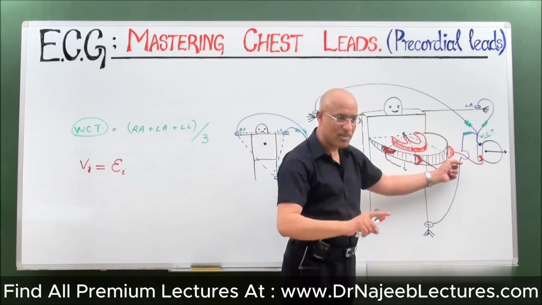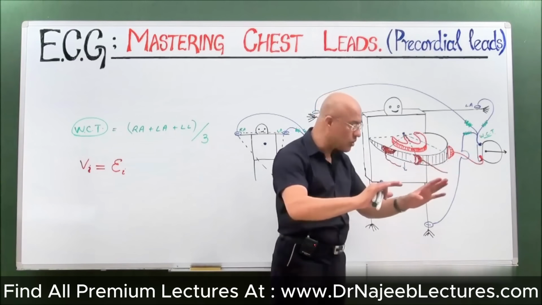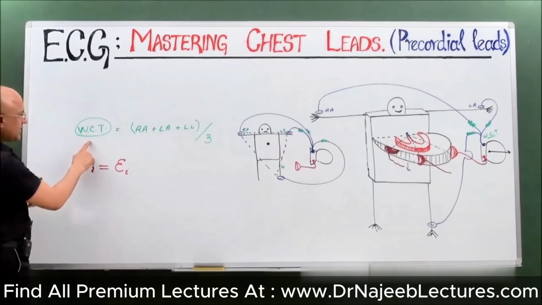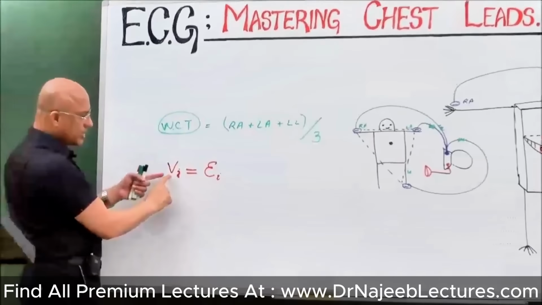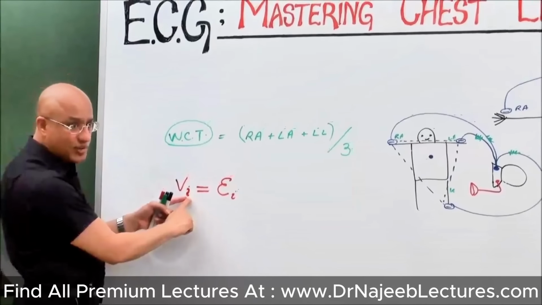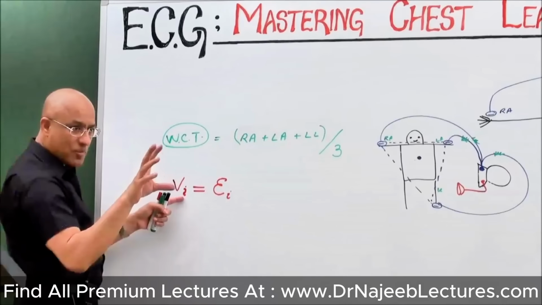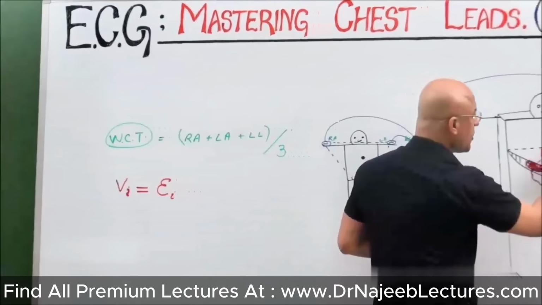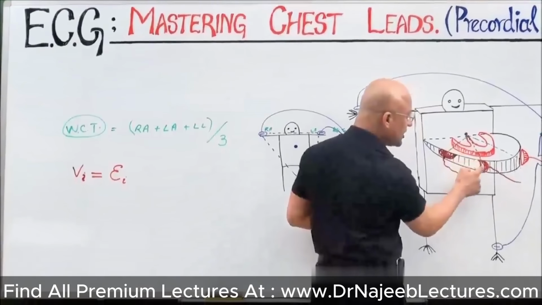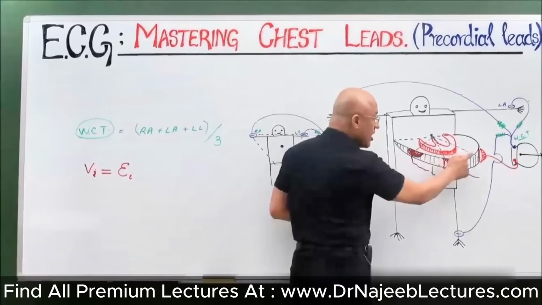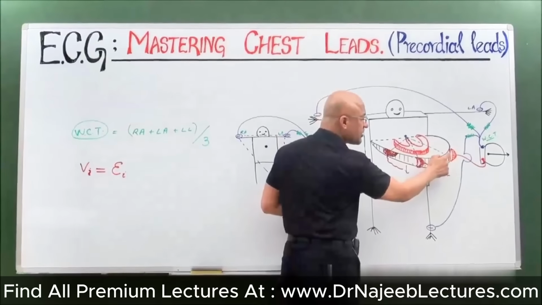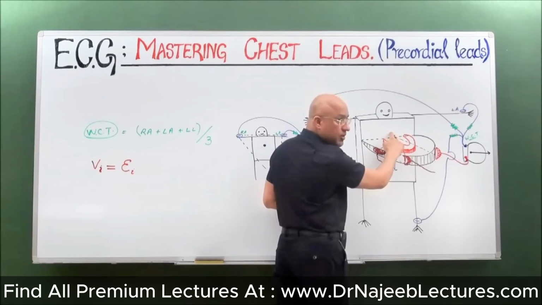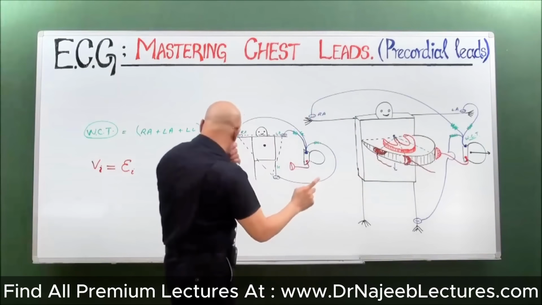You are understanding? Any question up to this? There is no question. Now, once we have determined this, the voltage or potential determined by a chest lead, suppose this is one chest lead, another chest lead is here, another chest lead is here. All of them are determining the potential difference from these surface points, point 1, 2 or 3, as compared to the reference electrode or virtual electrode.